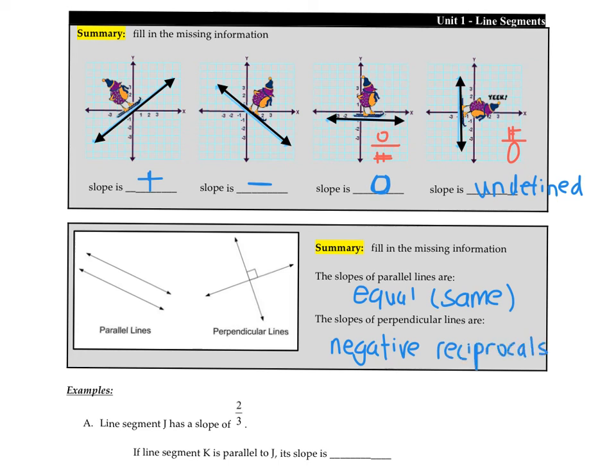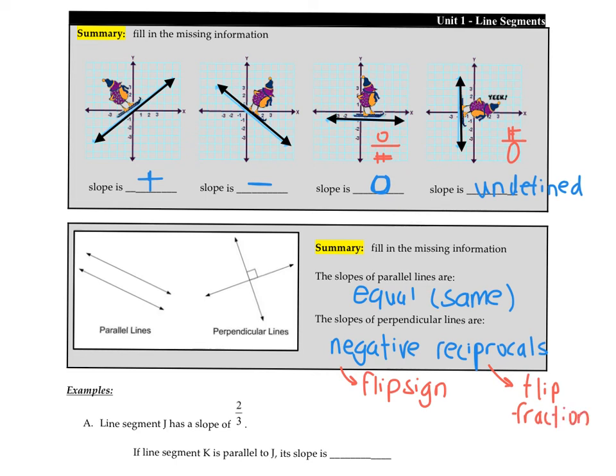And what that means is, negative means flip the sign. So if one slope is positive, the other is going to be negative. If one slope is negative, the other will be positive. And reciprocal means flip the fraction. So switch the numerator and the denominator.